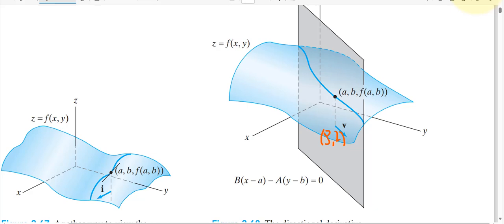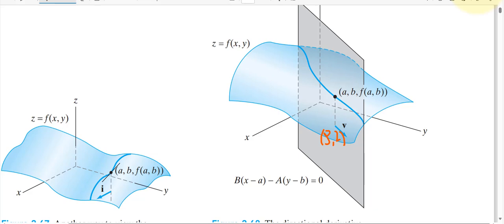So it's just the direction of the gradient. When we fill in a particular point, we get a particular gradient. And that stands for a direction. So the gradient tells us the direction of maximal change.